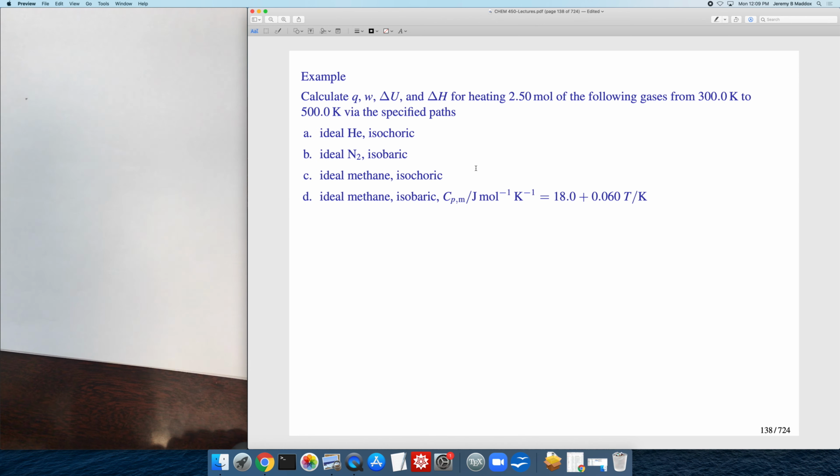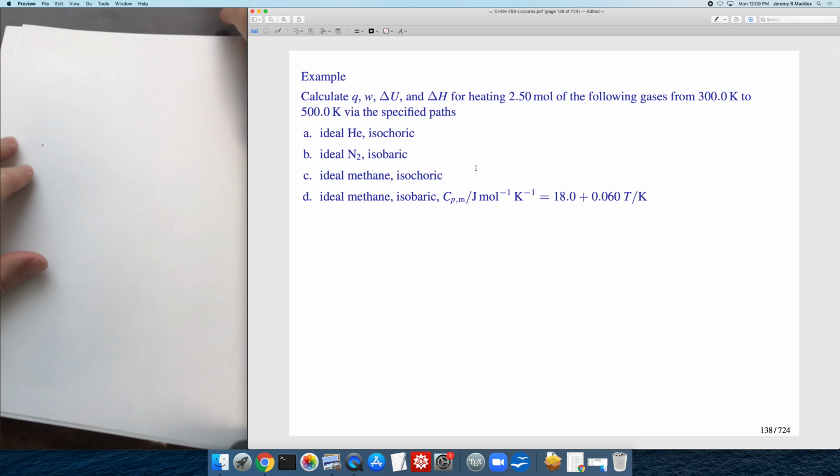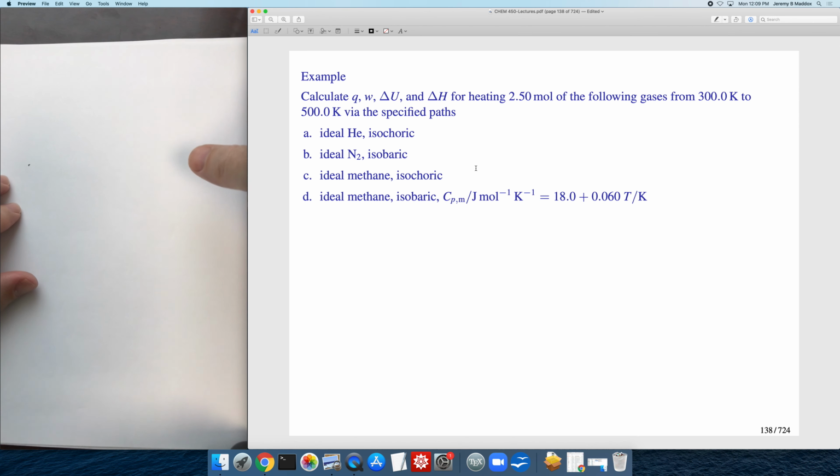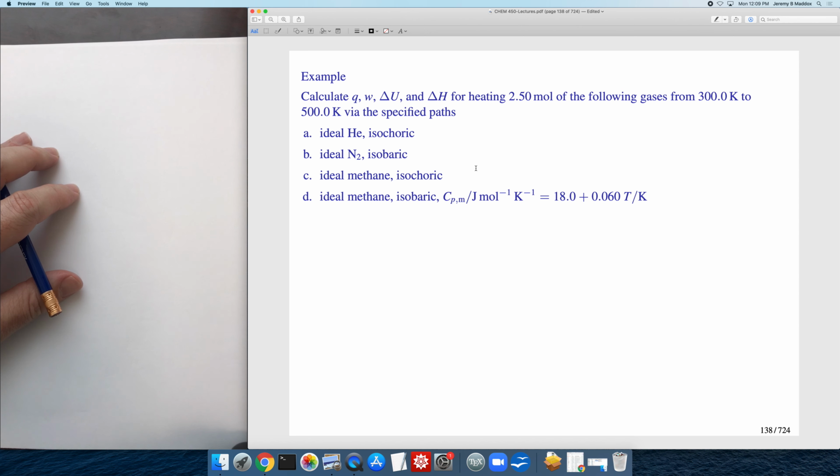Well, in the next series of problems, what we're going to do is calculate Q, W, delta U, and delta H for heating up a gas. Now, when you heat the gas, the temperature is going to change, and in this case it changes from 300 to 500 Kelvin.